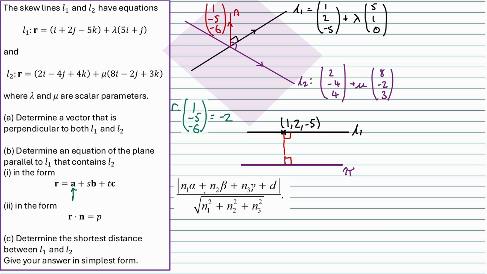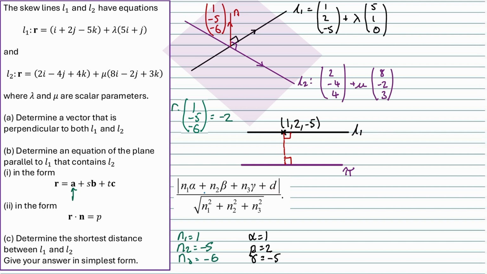This n1, n2, and n3 are the i, j, and k components of a normal vector. So n1 will be 1, n2 will be -5, and n3 will be -6. The alpha, beta, and gamma are the x, y, and z coordinates from a point on the line we're trying to find the distance to. So alpha will be 1, beta will be 2, gamma will be -5.